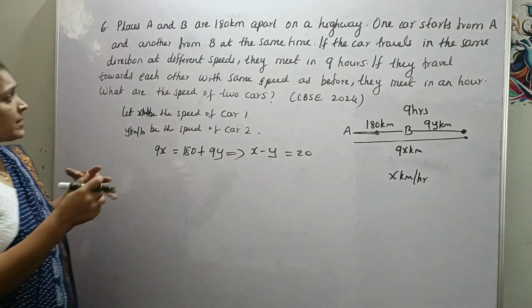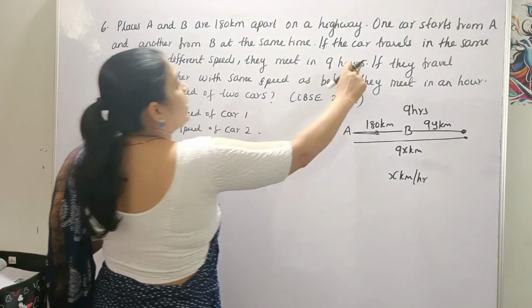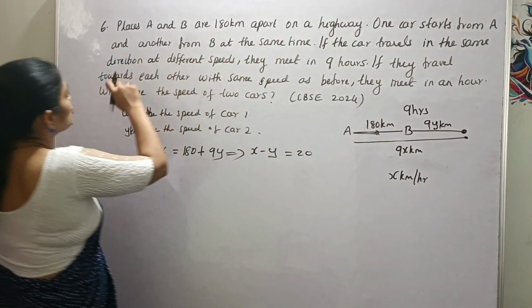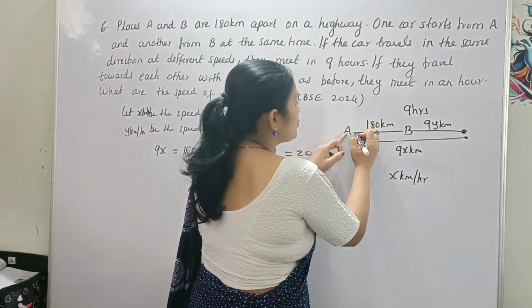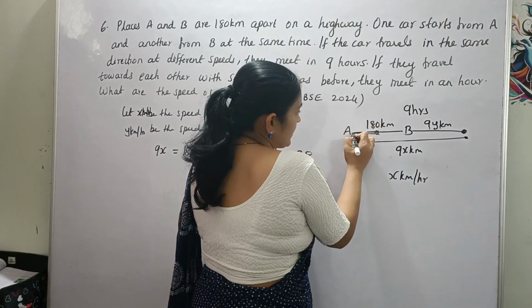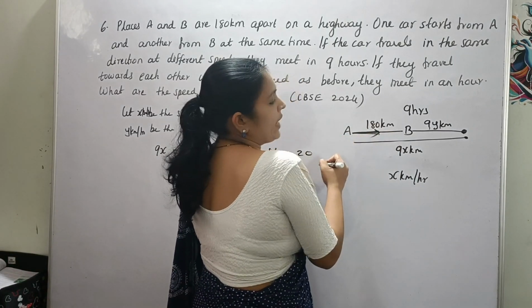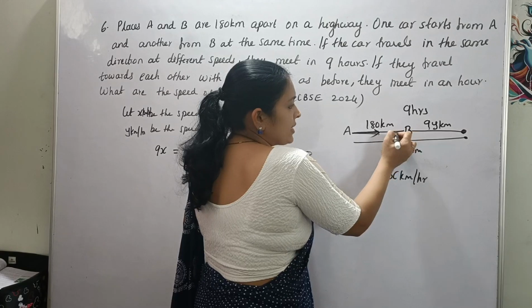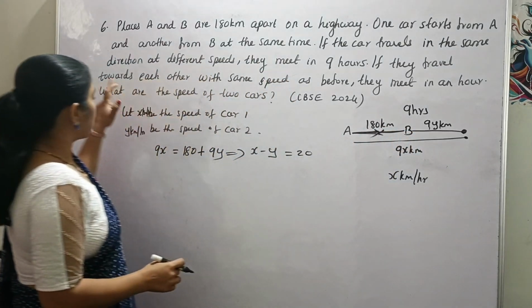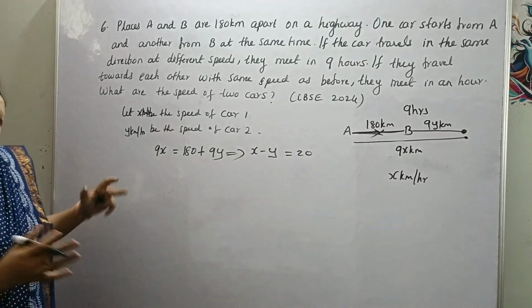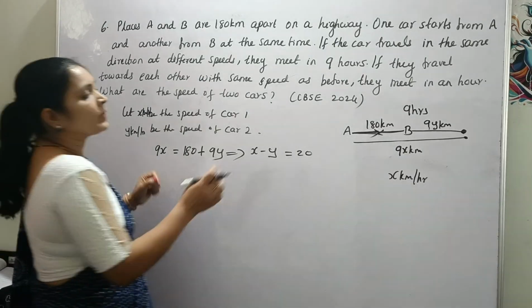Next, see the next situation, if they travel towards each other, that means A travels in this direction, B travels in this direction. A and B, that is car 1 and car 2, travel towards each other.